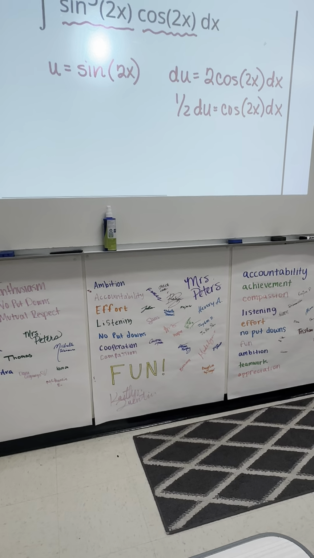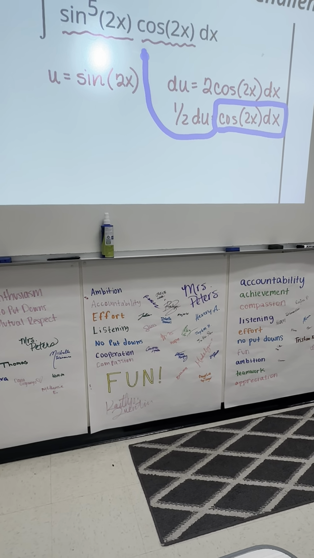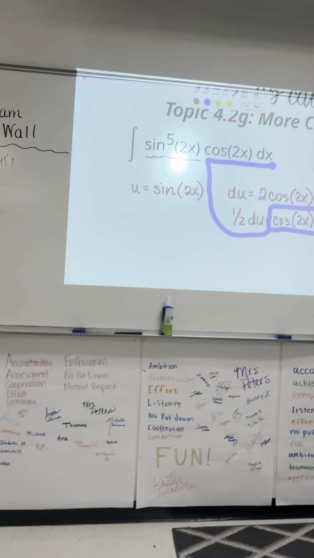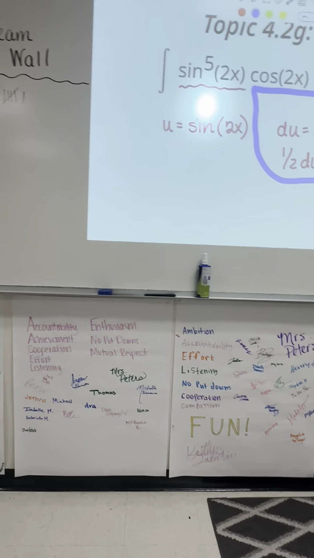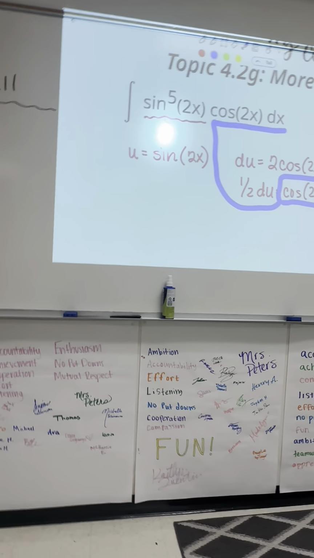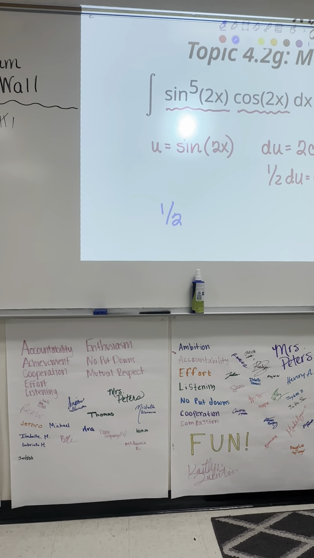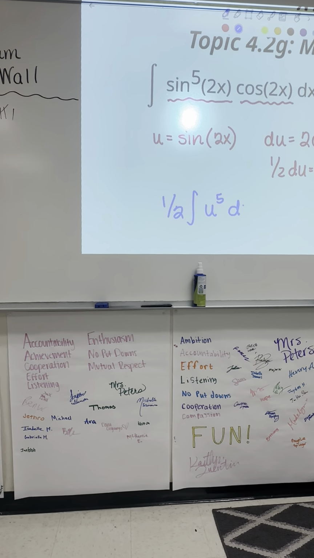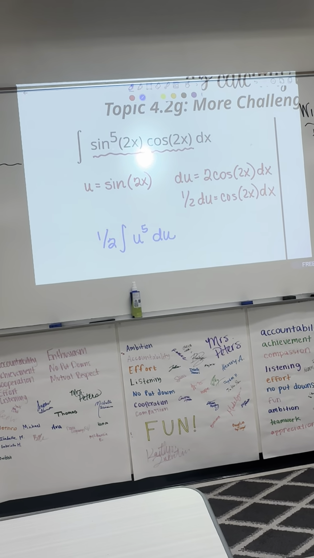And again, this needs to match this, right? Those two things need to match when it's all said and done. So for the rewrite, we'll have 1/2 u to the 5th du. And that's all we have time for.